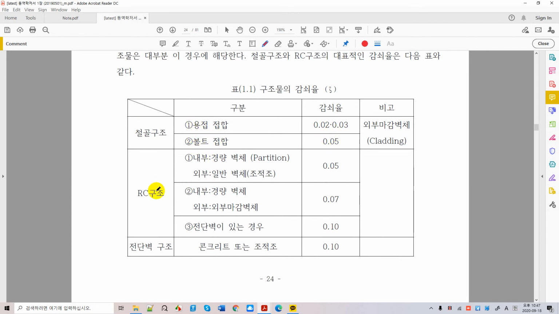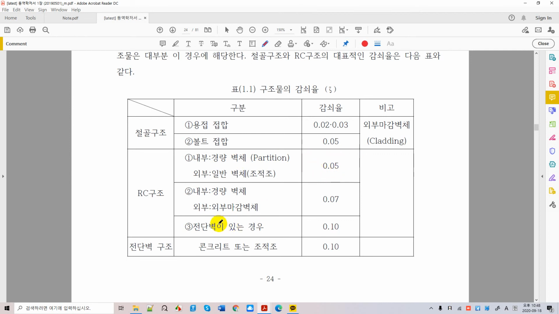And when you have a reinforced concrete building, the damping ratio is going to be a little higher, from 5% to 10% with the shear wall. When you have shear walls and very much concrete walls inside, then you have a damping which is 10%. If you don't, then you could still have 5%, right?